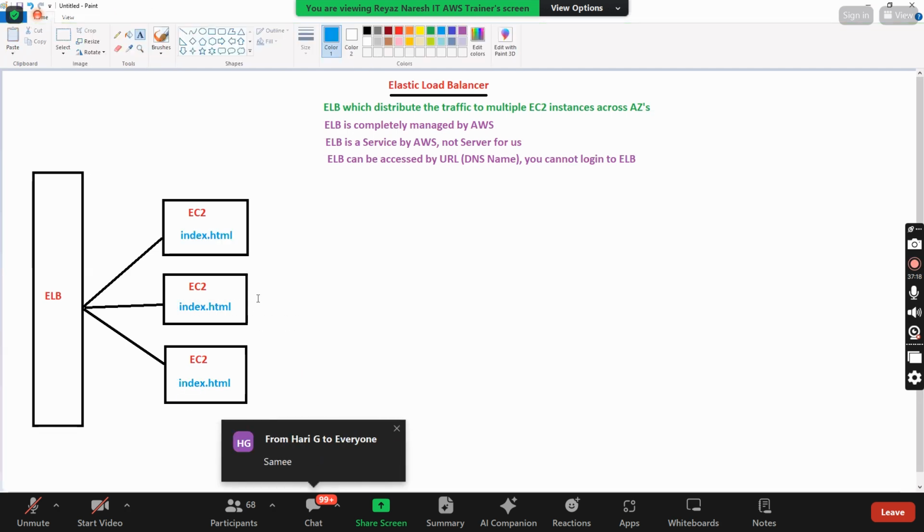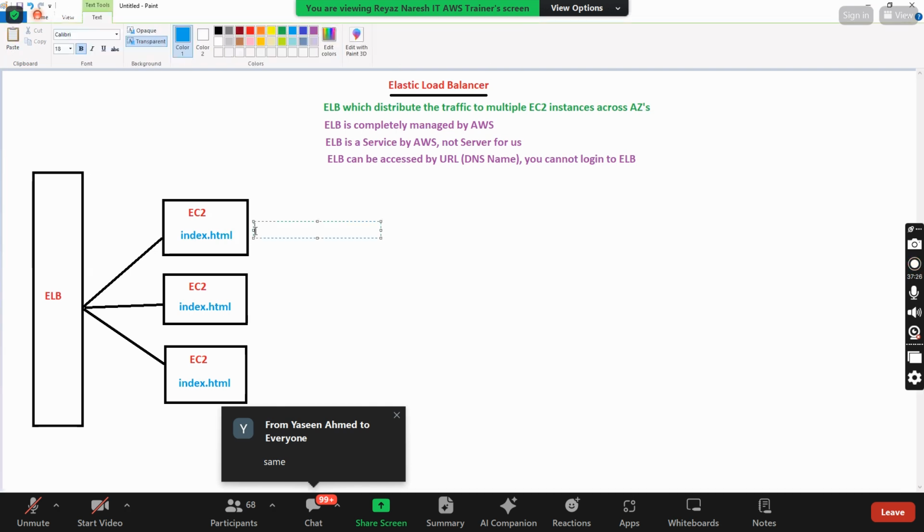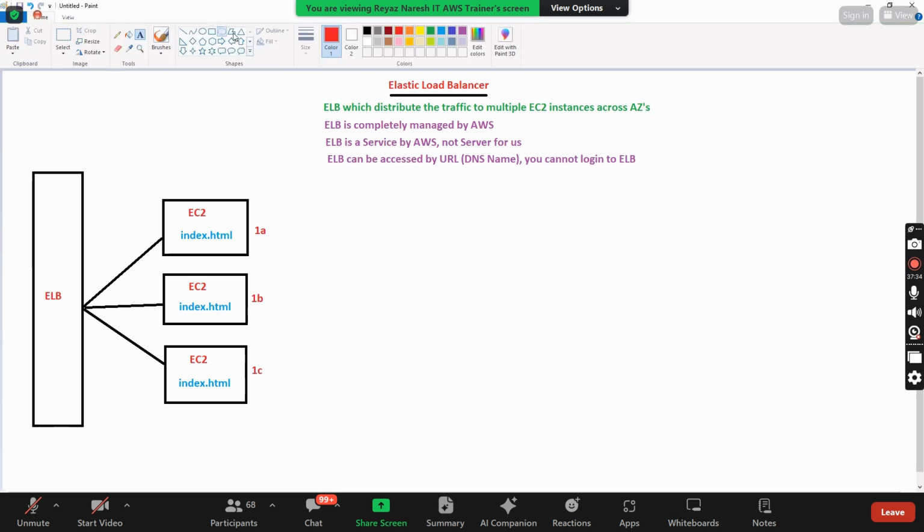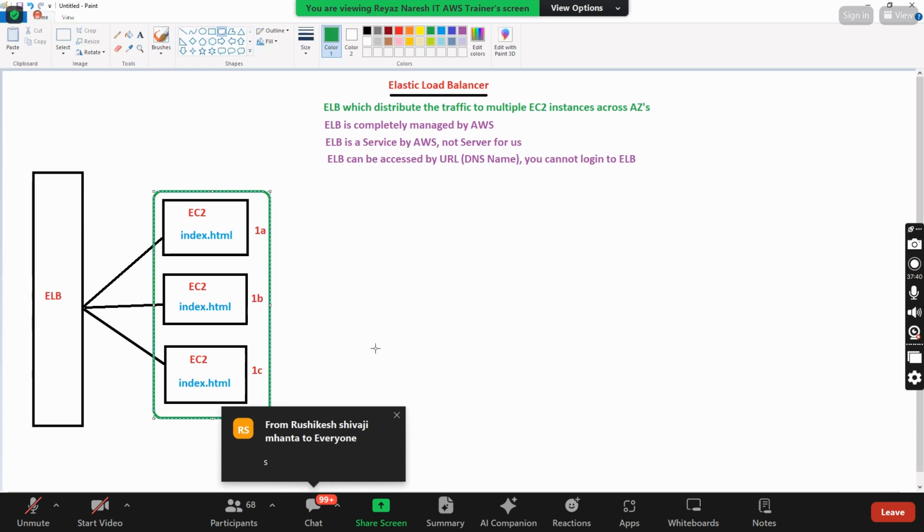Same application, because of redundancy. So this EC2 instance I'll put in 1A, this one in 1B, and this one in 1C. If required, can I have auto scaling on top of it? Yes, I can have it.